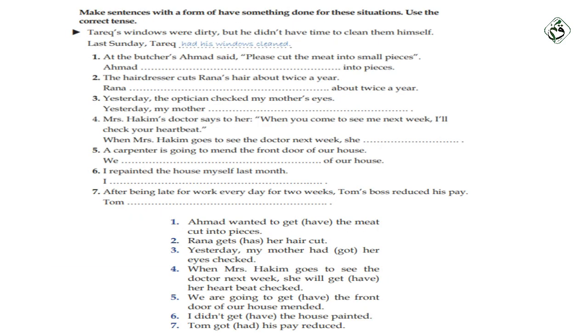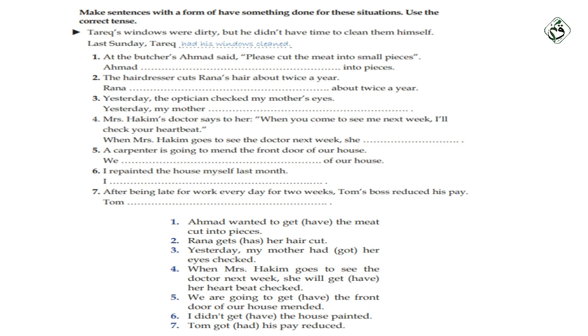Make sentences with the form of have something done for these situations. Use the correct tense. Tarik's windows were dirty, but he didn't have time to clean them himself. Last Sunday, Tariq had his windows cleaned.